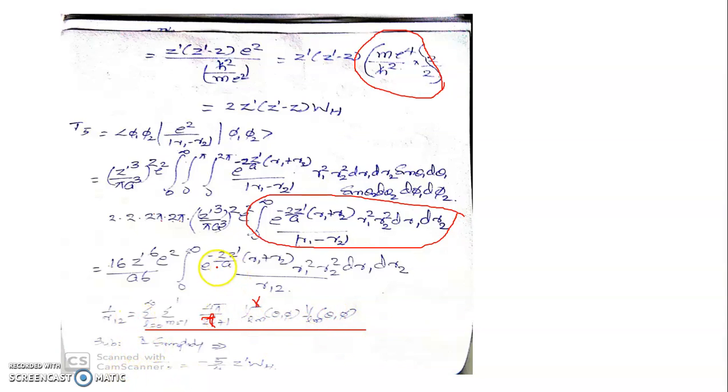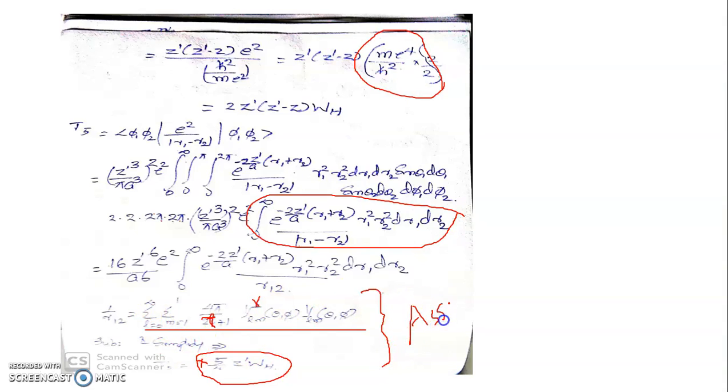Substituting this and simplifying this using the orthogonality property of Legendre polynomials, you can evaluate this energy to be equal to, say, (5 by 4) Z' WH. This is positive energy. This is a repetition of what you have done in three-dimensional problems. For the time being, you can evaluate this and submit it as an assignment.